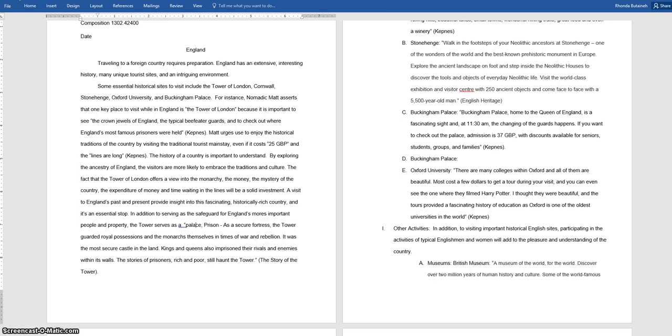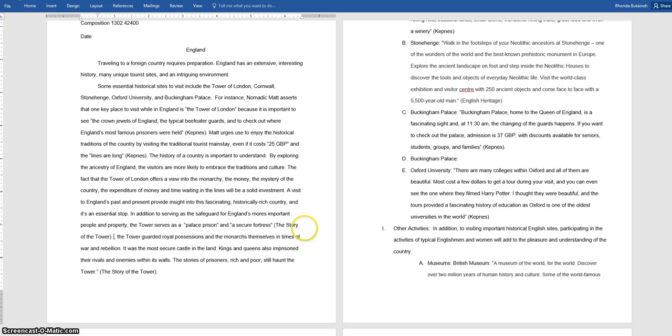A palace prison. Quote, a secure fortress, end quote. This is from the story of the tower. Okay. I hope you understand, get the gist.